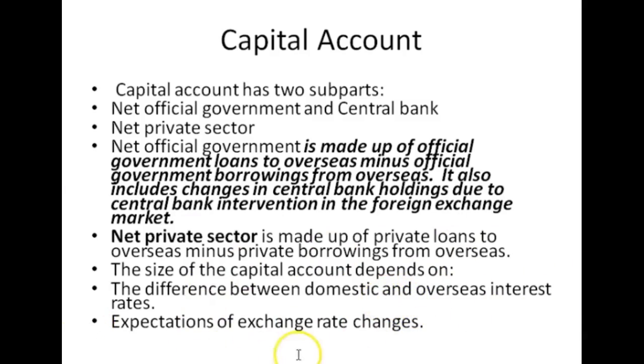So it will attract a lot of foreign capital, and that will have an impact on our exchange rate, on the dollar value. Because to buy our financial asset, to invest in our country, the foreigners will be demanding more of our currency, and that will increase the price of our currency.